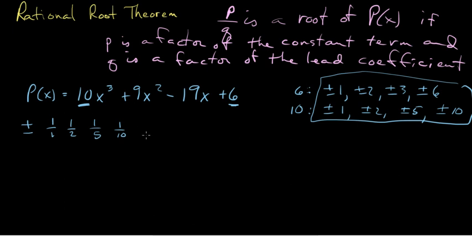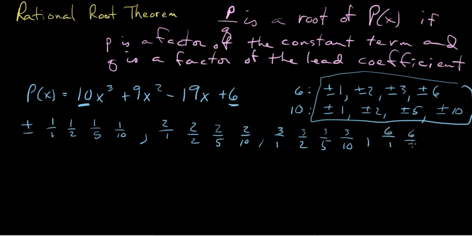Okay, so the next one is 2. 2 over 1, 2 over 2, 2 over 5, 2 over 10. Then there's 3. 3 over 1, 3 over 2, 3 over 5, 3 over 10. And then finally there's 6. 6 over 1, 6 over 2, 6 over 5, 6 over 10.